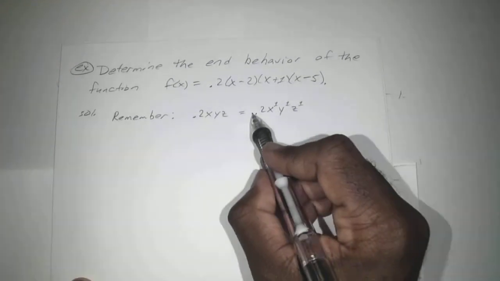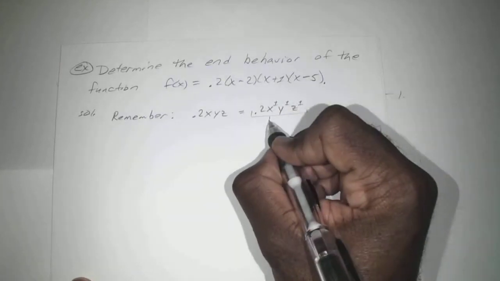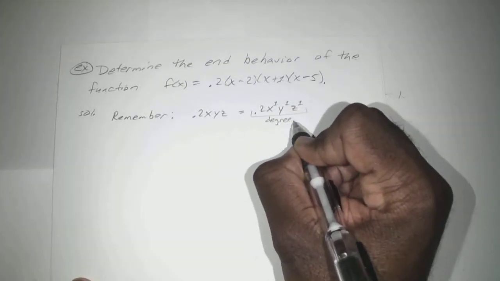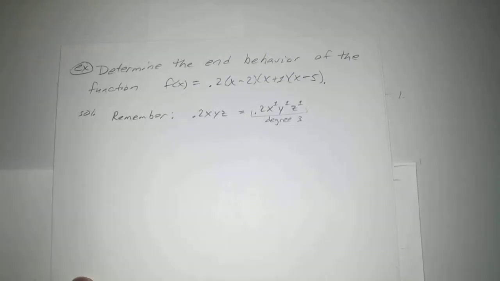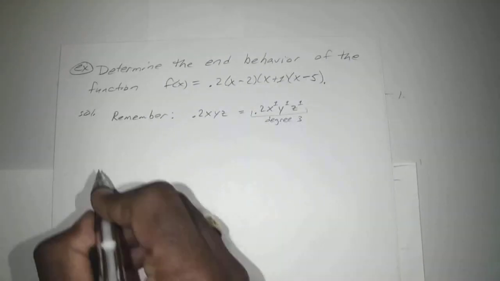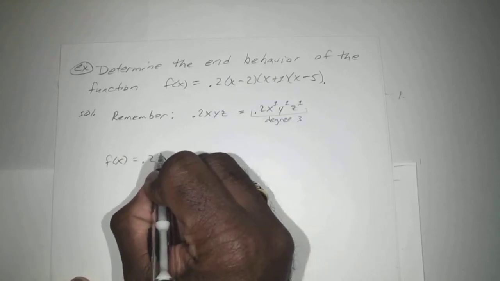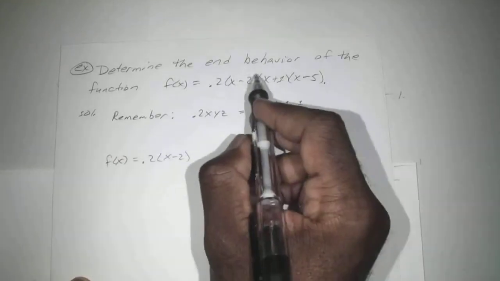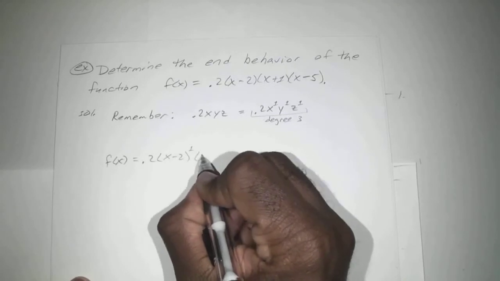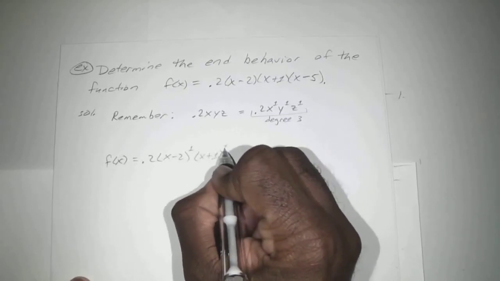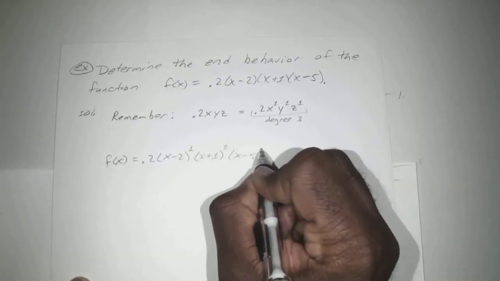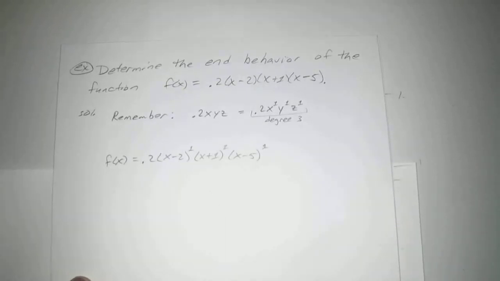So you know this would be a degree of 3. Same thing here. If you have f of x equals 0.2 times (x minus 2) to the first power times (x plus 1) to the first power times (x minus 5) to the first power, that's still going to be a degree of 3.